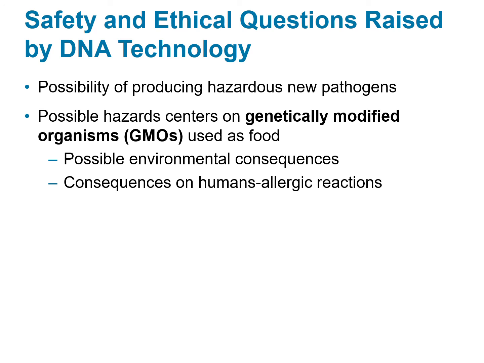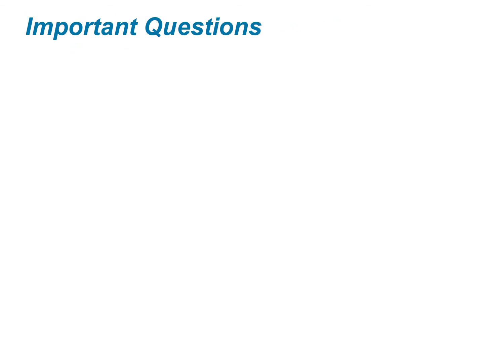So what are some questions that might be raised in terms of the environmental consequences of genetically modified organisms? What about the consequences on humans? For instance, those individuals that might have allergic reactions to some component that's within a genetically modified organism.